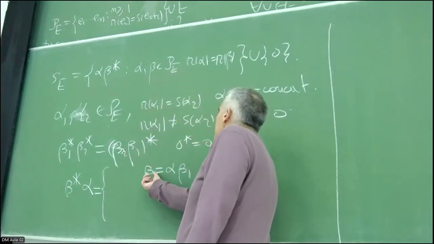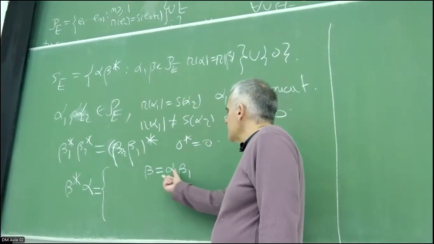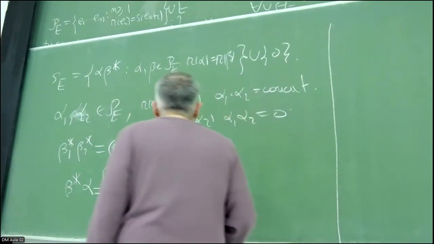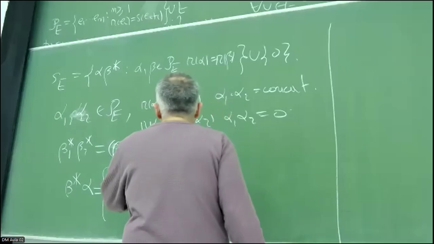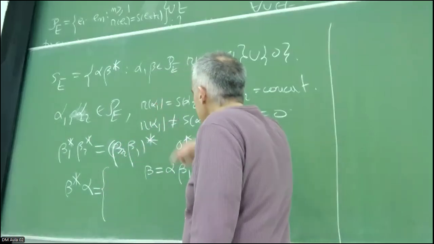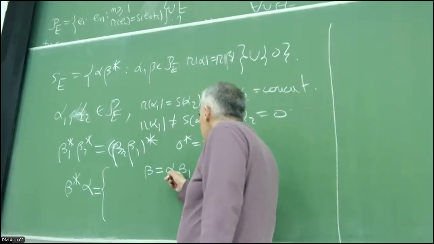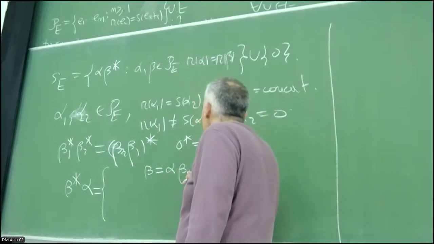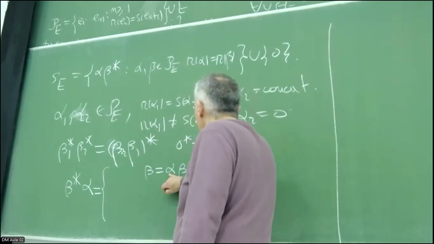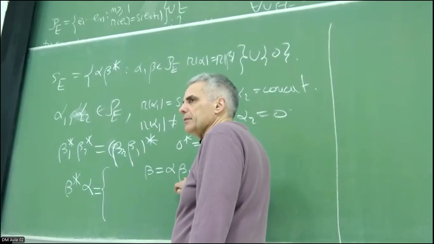So beta is longer than alpha because it's alpha and perhaps something else at the end, right? However, if I think of the elements of E1 as letters, then alpha comes first in the dictionary than alpha beta 1, right?